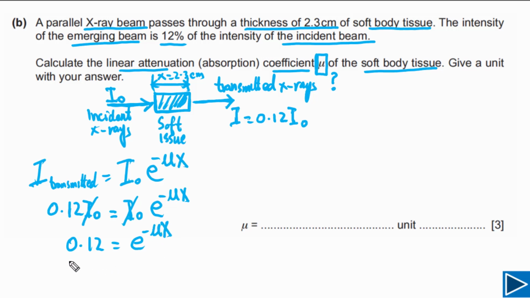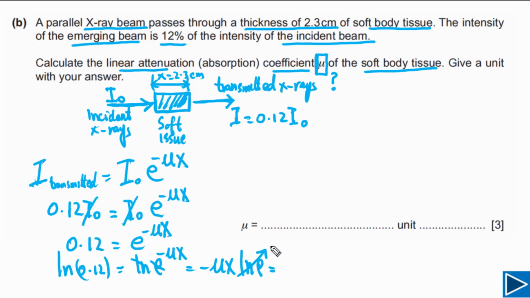Now if we take ln on both sides, we can say ln of 0.12 is equal to ln of e to the power of negative mu x. This is negative mu x. We can write this in the form ln of e, but ln of e is equal to 1. So simply we are left with negative mu x.